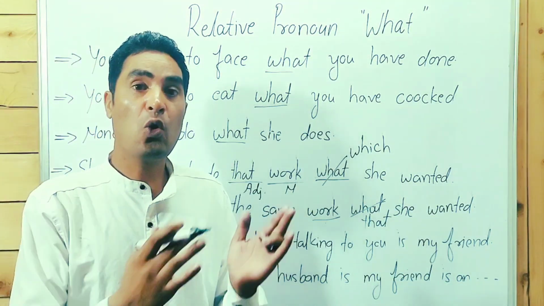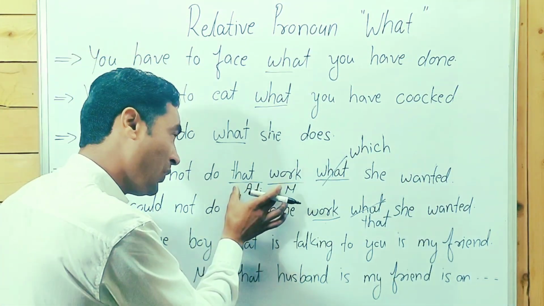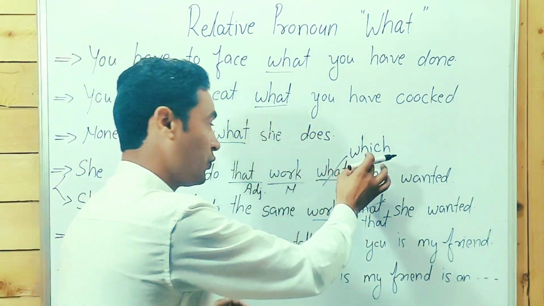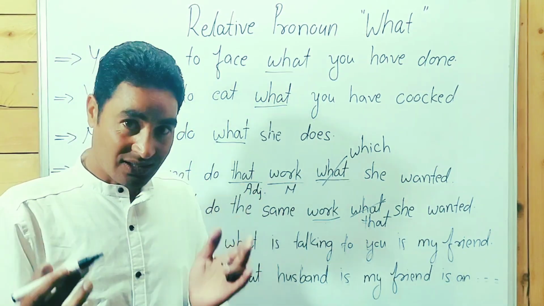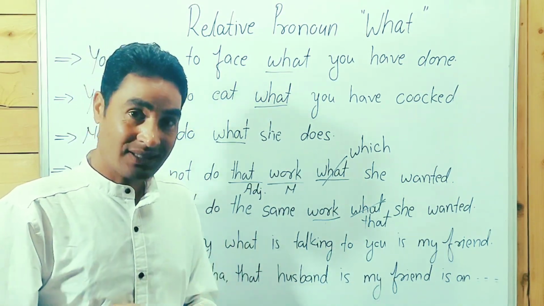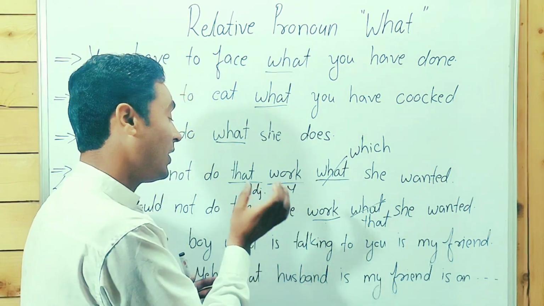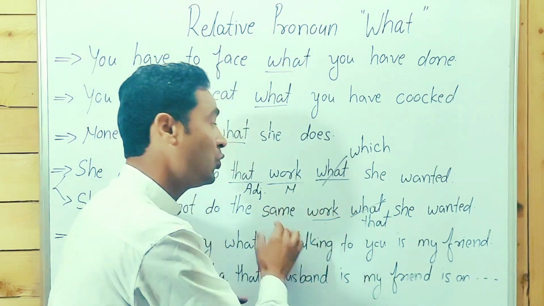If a noun, an antecedent, has been given in the sentence, we use which. When words like the same, the only, the few, the little have been given with the antecedent, we use that.